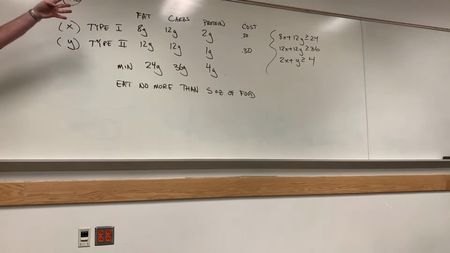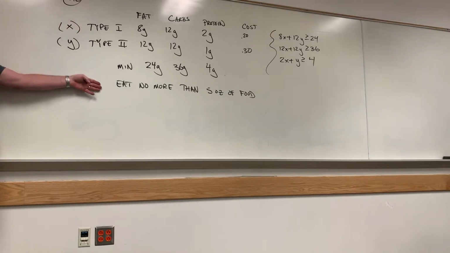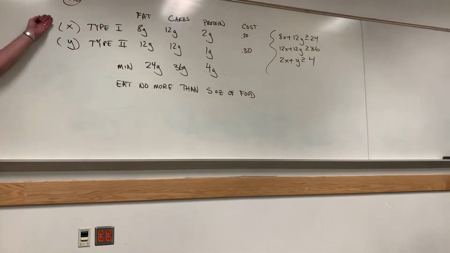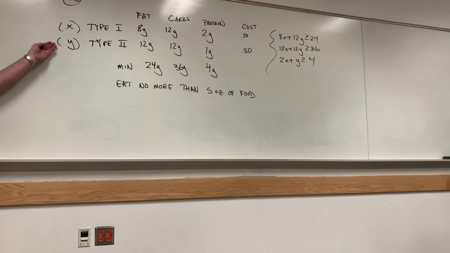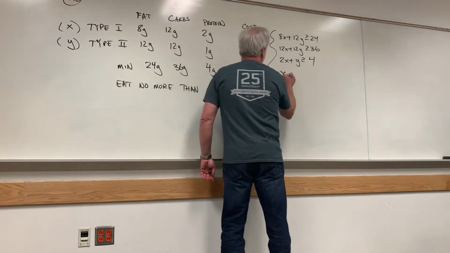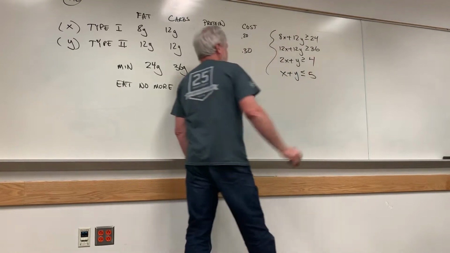Minimize cost. We deal with that at the end. What else do I know? No more than 5 ounces of food. All of X and all of Y add together to be what? X plus Y is less than or equal to 5.